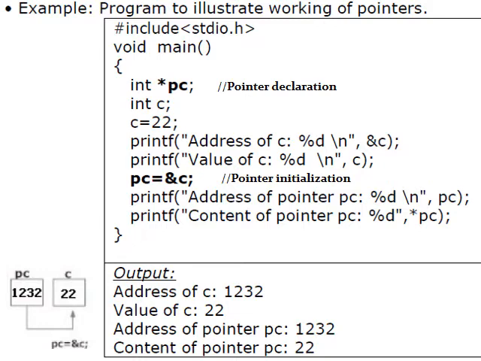While I am printing only PC, the content of PC is the address of variable C, that is 1232. And where is that pointer pointing? It is pointing to the value 22. You can see the diagram given on the left hand side, by which you can make out that PC is pointing to variable C, that is, indirectly it is pointing to the value 22.